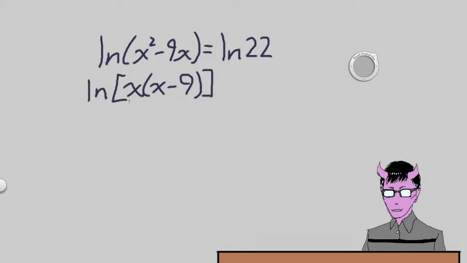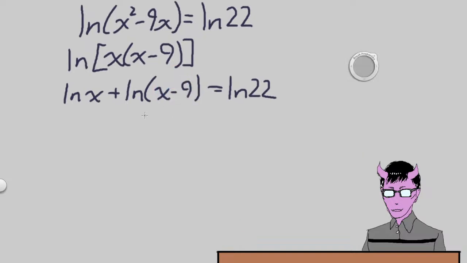And then since we have factor number 1 times factor number 2, we can expand this one using one of our log expansion rules. So it becomes natural log of x plus natural log of x minus 9. And nothing happened on the right hand side. Okay. There we go.